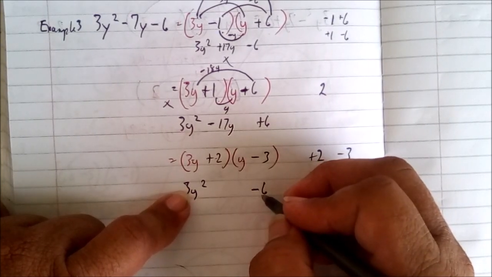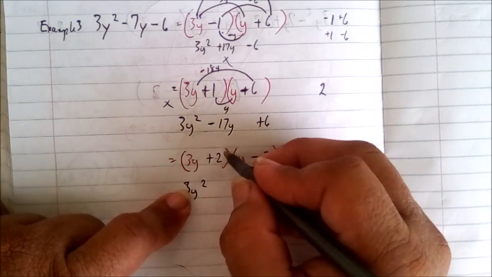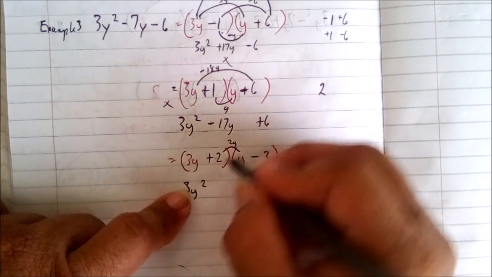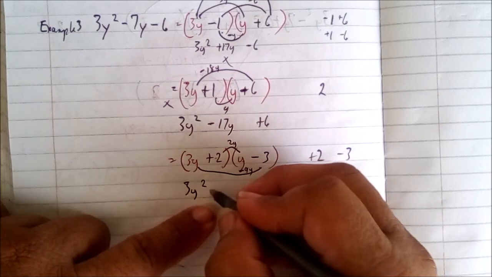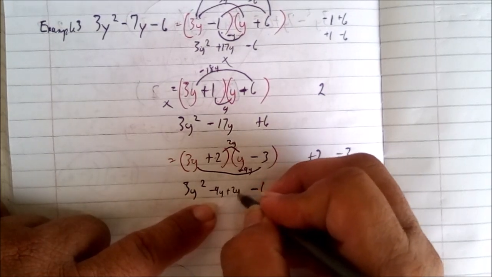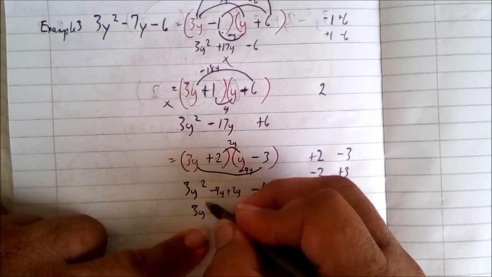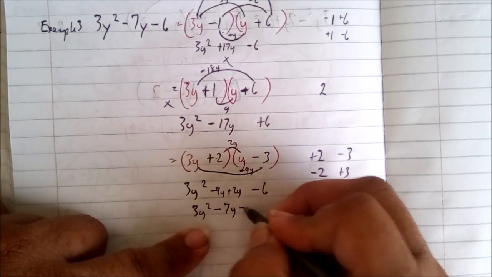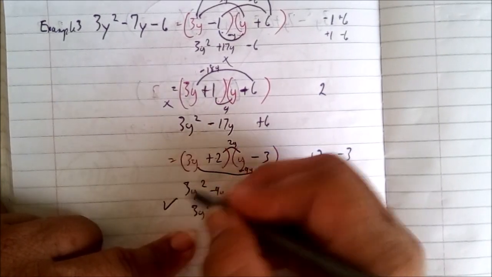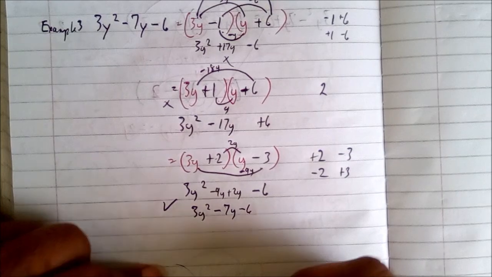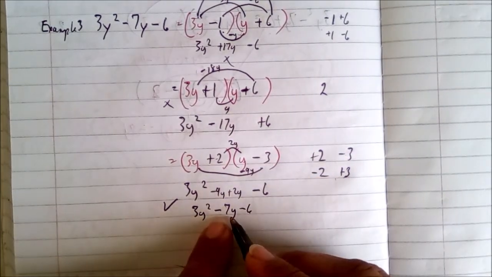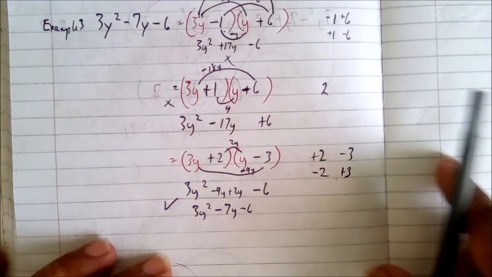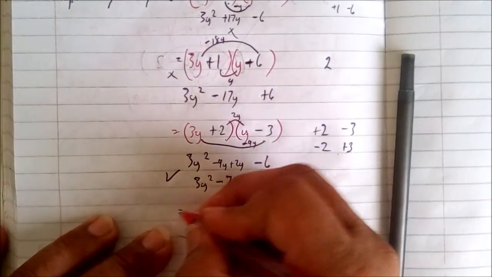So we're okay with this piece here. Now the middle terms: 2y and negative 9y. Negative 9y plus 2y will give us 3y squared, negative 7y, minus 6. So this is the correct combination. And if you had tried negative 2 and positive 3, it would not give us a negative 7. Let's just try it to see if it's true.